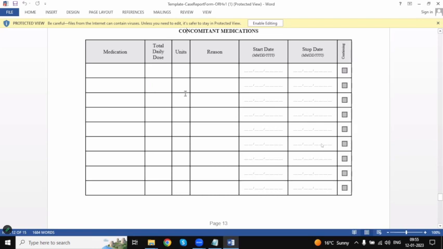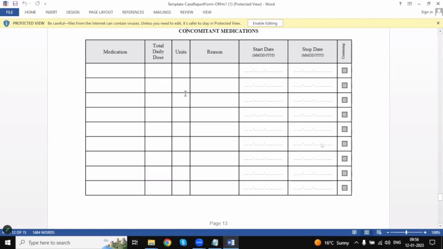In this clinical trial process, suppose your study is about some drug A. He is supposed to take drug A only. Apart from drug A, if he is taking any other tablets or medicines, whatever medication he is taking, we have to capture here.